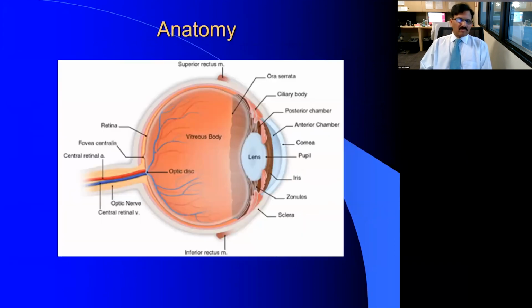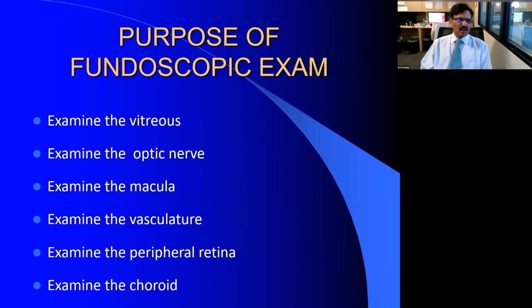I'm sure everybody listening to this webinar will relate to this picture, and we want to see the entire retina starting from ora serrata all the way, in three-dimensional form. So what are the limiting factors for us to accomplish this, and what are we trying to look at? We want to examine the vitreous, any abnormalities.